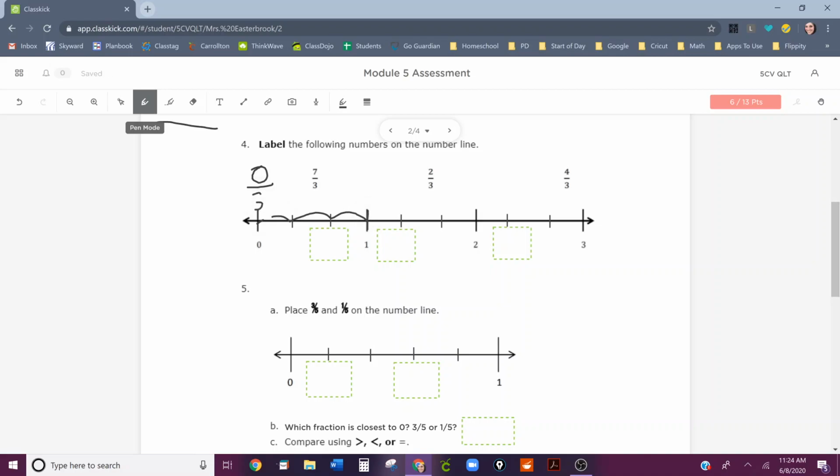So this one is 0 thirds, 1 third, 2 thirds, 3 thirds. I'm just counting up. 4 thirds, 5 thirds, 6 thirds, 7 thirds, 8 thirds, 9 thirds. So I just went ahead and labeled it. You did not have to do that.